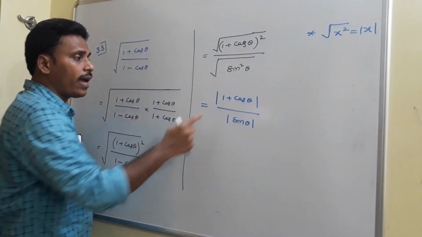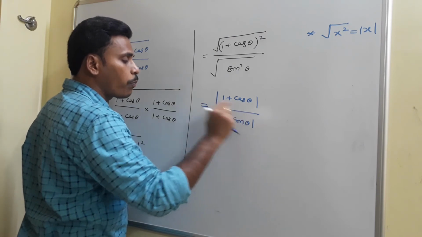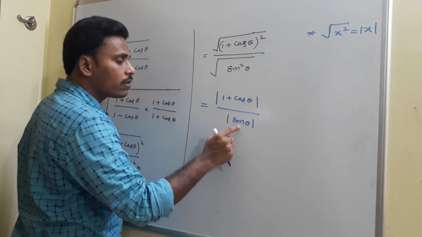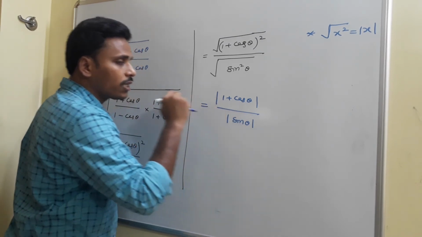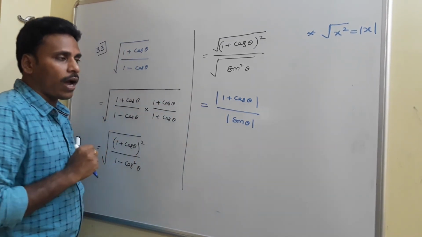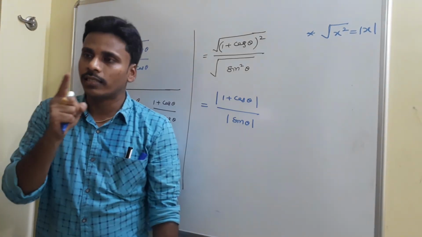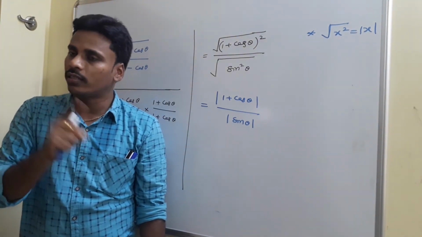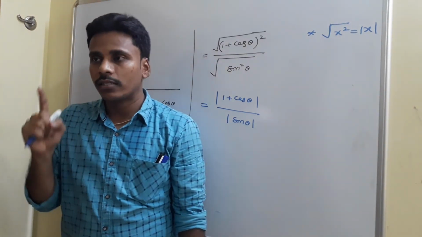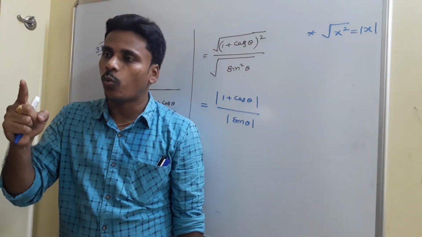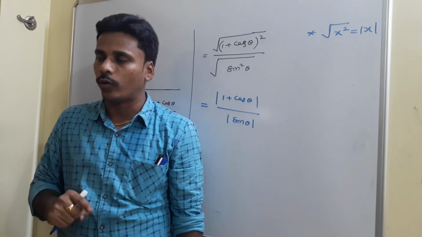Now here, this 1 plus cos theta is positive, whereas this sin theta may be positive, may be negative. Why is 1 plus cos theta positive? Just think a while. Since theta is rotating from 0 to 360, if you observe the values of cos theta, cos 0 is 1, cos 90 is 0, and in some other situation it is minus 1.